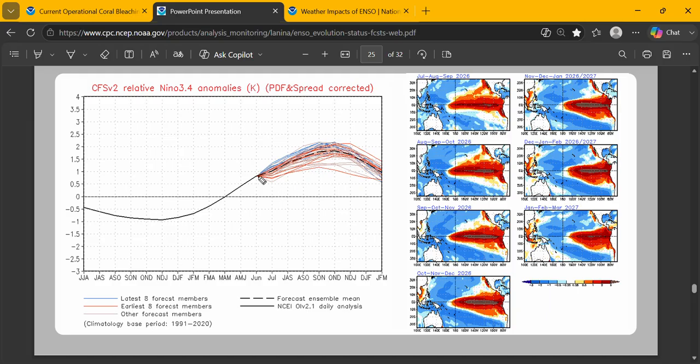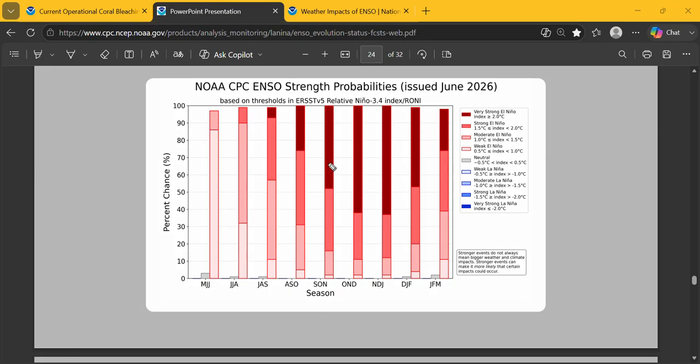As you can see, it's forecasted to continue to rise here, and it's forecasted to peak throughout the fall months into the early winter, and we're still going to be in a relatively nice El Nino through the rest of the winter, with the potential for a very strong El Nino. Like we were saying, it peaks around fall and early winter, and then it kind of really goes down.